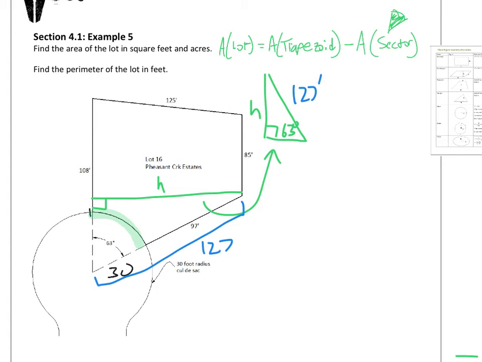There we go. And so we want to use sine. Okay, we got sine of 63 because sine is opposite over hypotenuse, H over 127. And we can solve that. We have some good experience now with that. Multiplying by 127 on both sides, we're going to get H is 127 times sine of 63, which we'll need a calculator for.